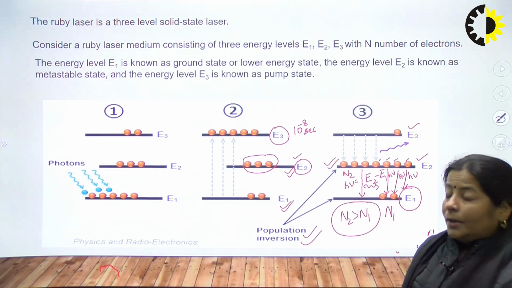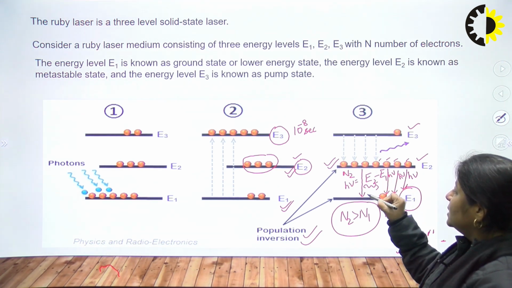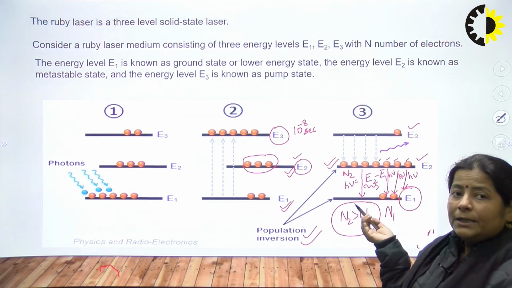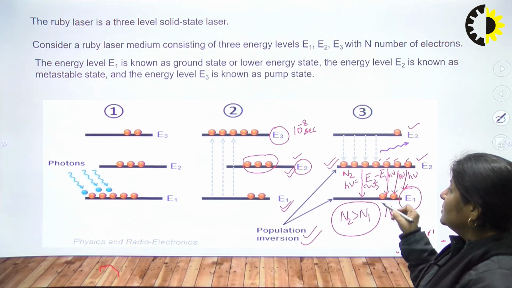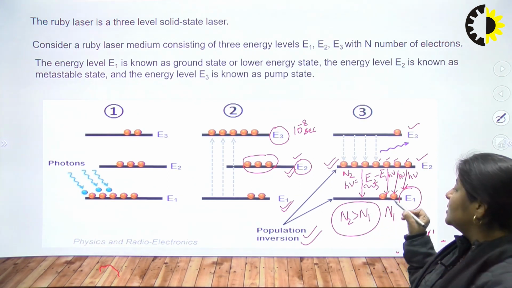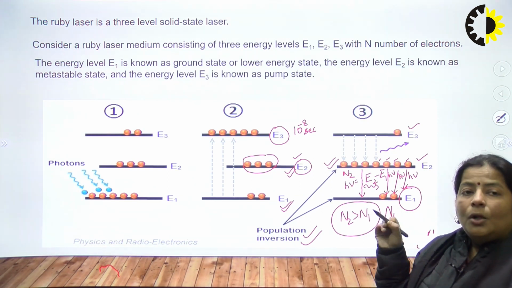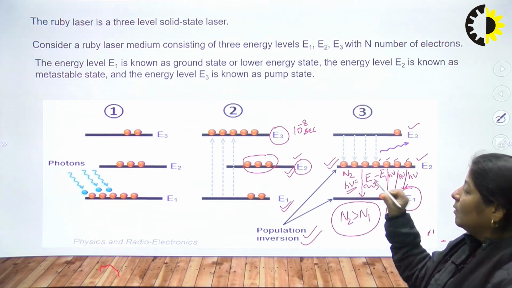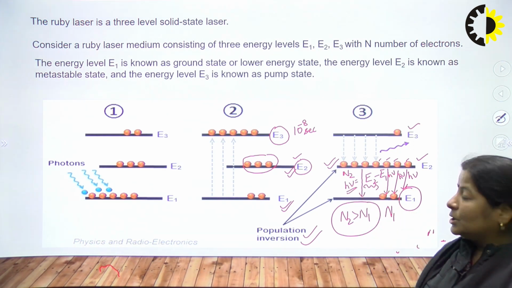Alright. That means this atom has induced or stimulated the other atoms, and they also start coming down to the lower energy state by emitting a certain amount of radiation.